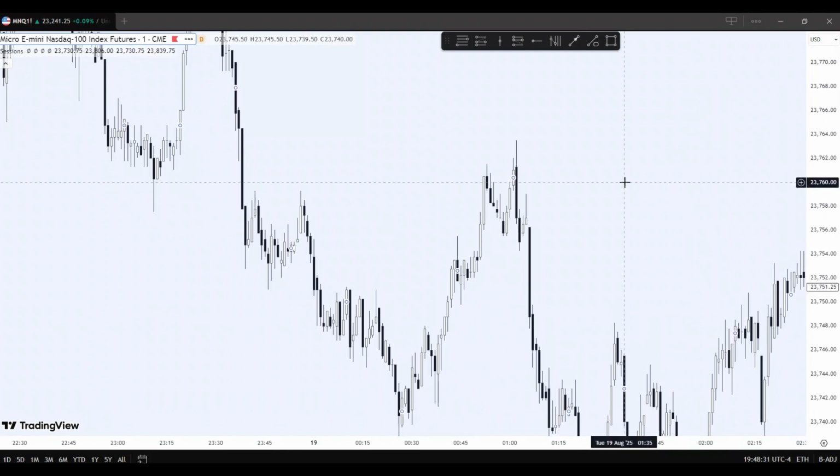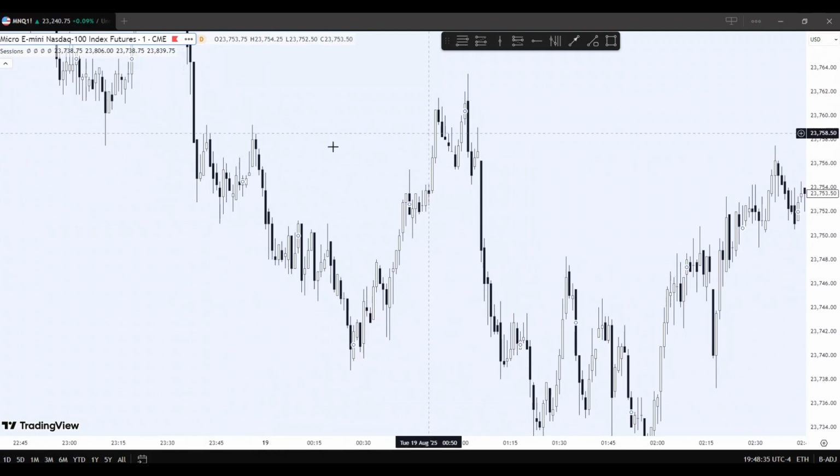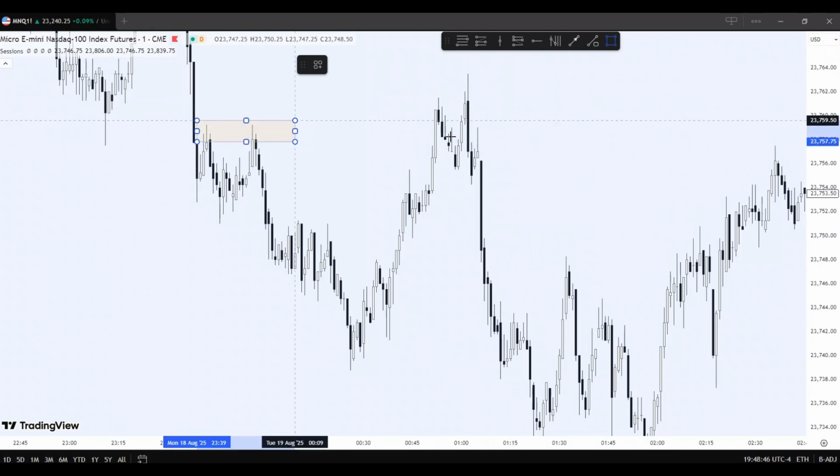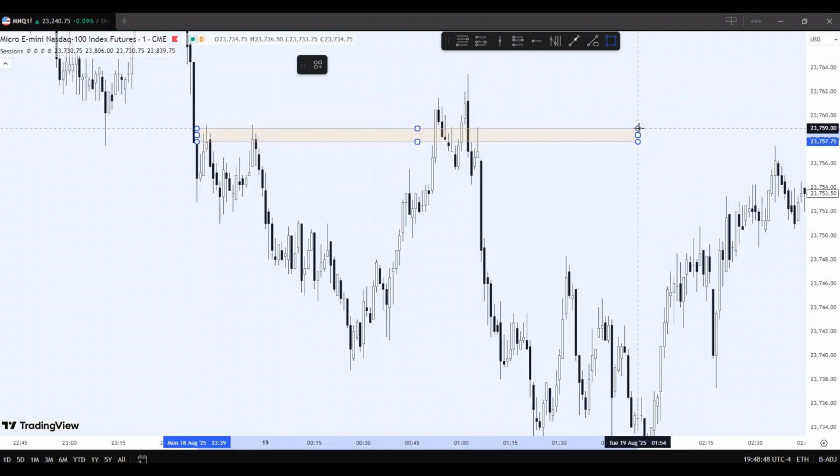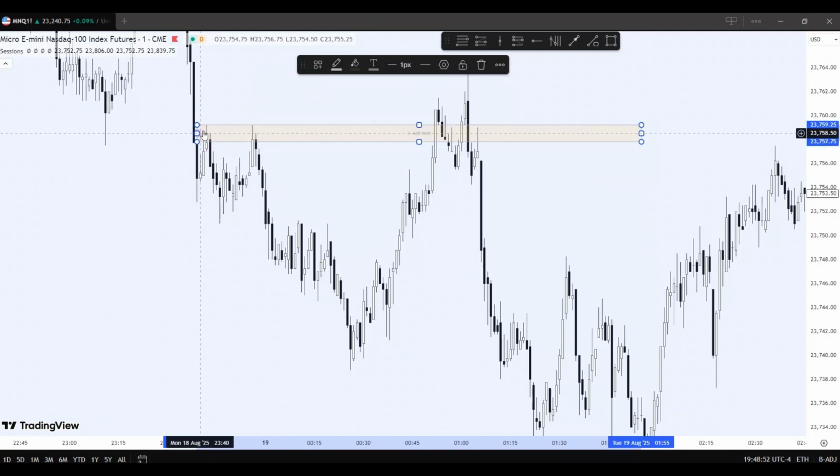I would look, for example, let's use this example. We are going to look for an area, or rather a zone, where price created a high, right?